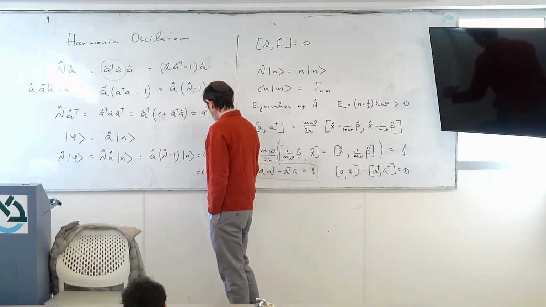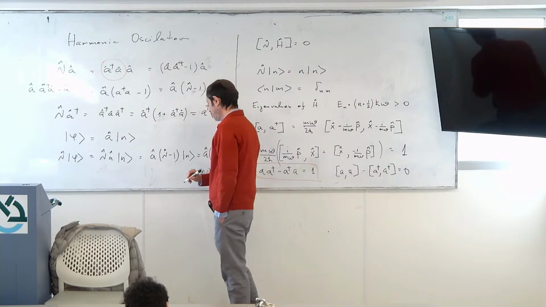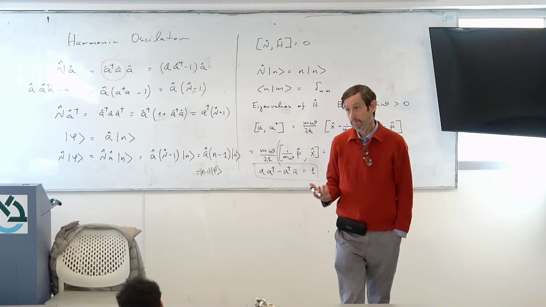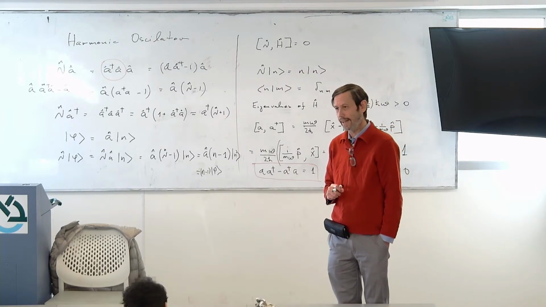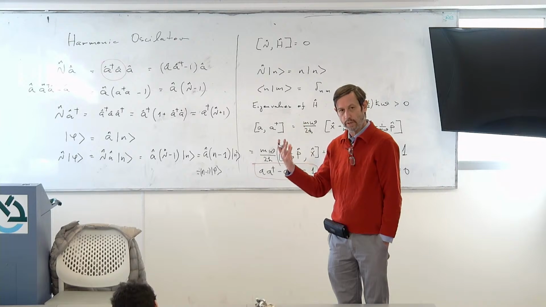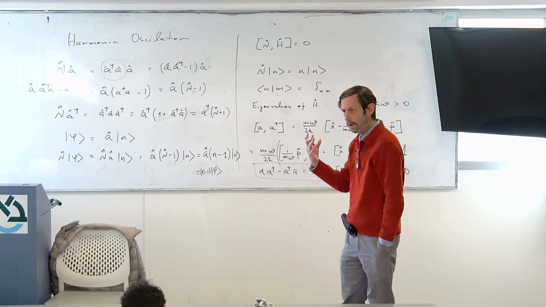So I got n minus 1 times phi, meaning that this is also an eigenvector of n, but not just any eigenvector, an eigenvector that has an eigenvalue that is the same as the original n, just subtracting one from it, one lower.